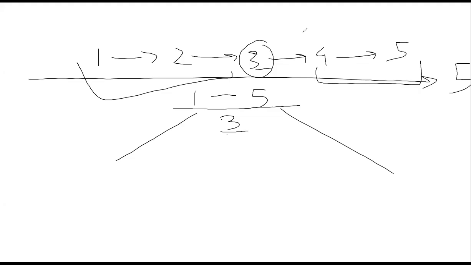Now, if you are going to the left child, it will have indexes from 1 to 2 only, and your right-hand side will have 4 to 5. But now let's remap this problem to the base condition.